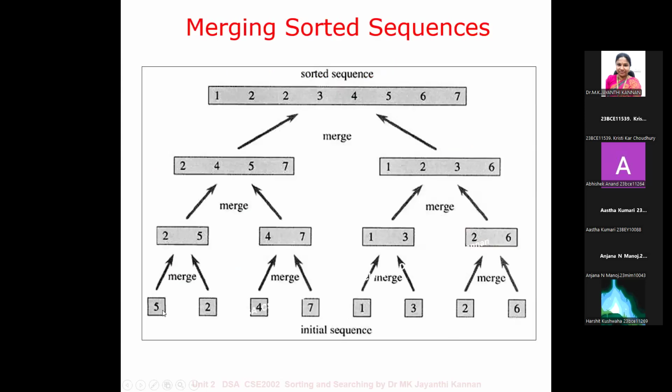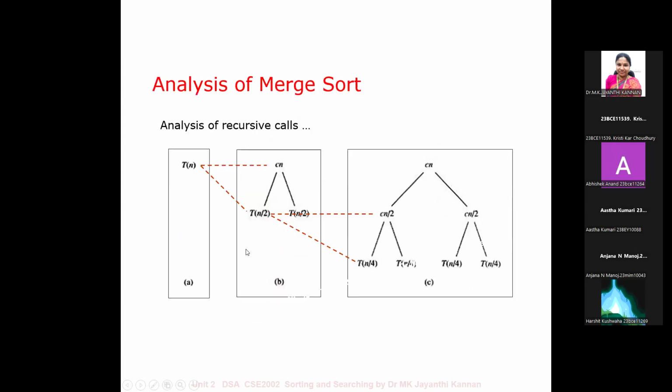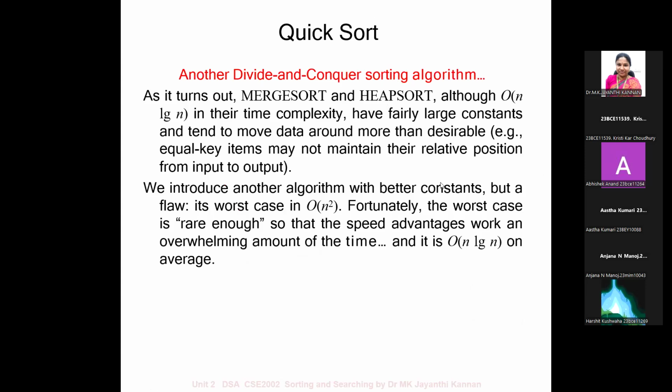An example: merge and sort, merge and sort, and merge and sort. So this is the pseudo code for merge sort. It is a recursive procedure. Within merge sort, we are calling merge sort recursively two times, and merge.